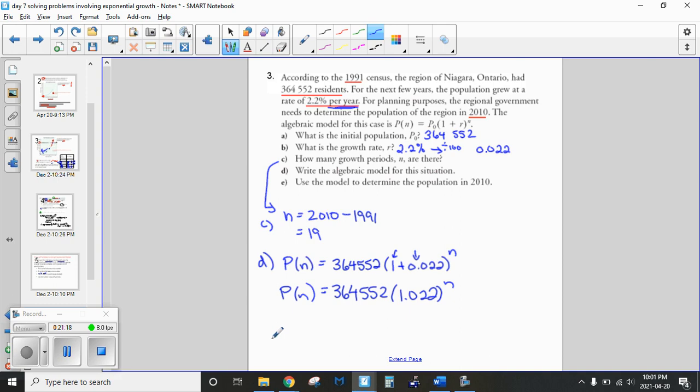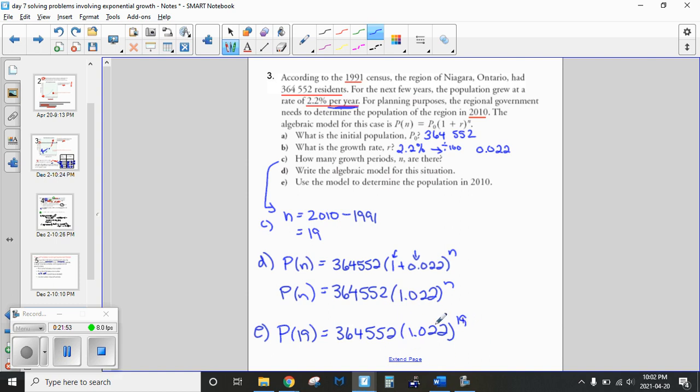And then finally, use the model for part E. Use that model or that formula to find the population in the year 2010, which we now know is 19 growth periods later. So the population after 19 growth periods, we can replace the n in the formula with 19. And again, this is going to need a calculator to help us with an answer.